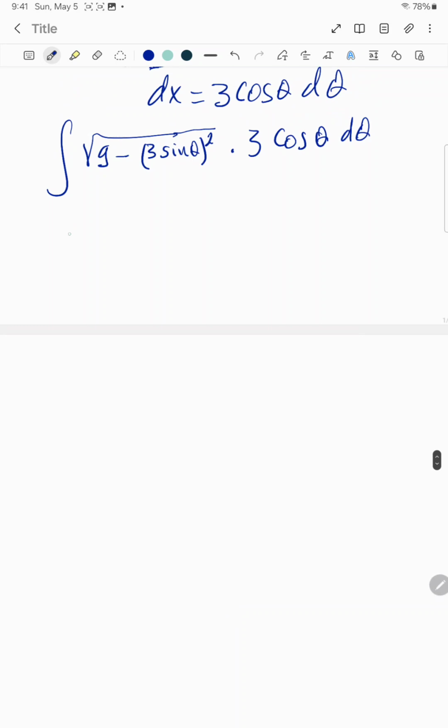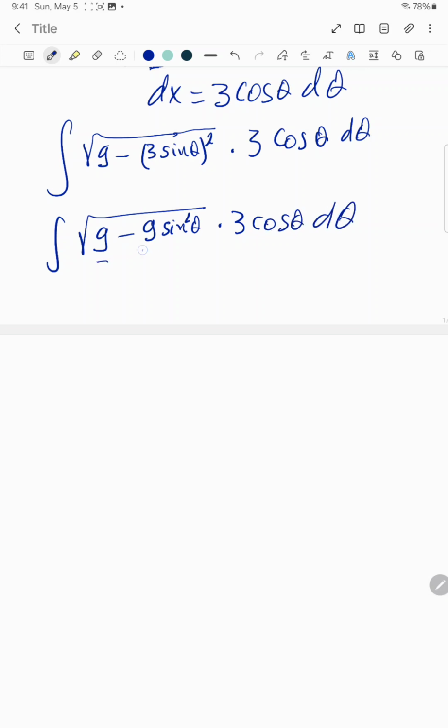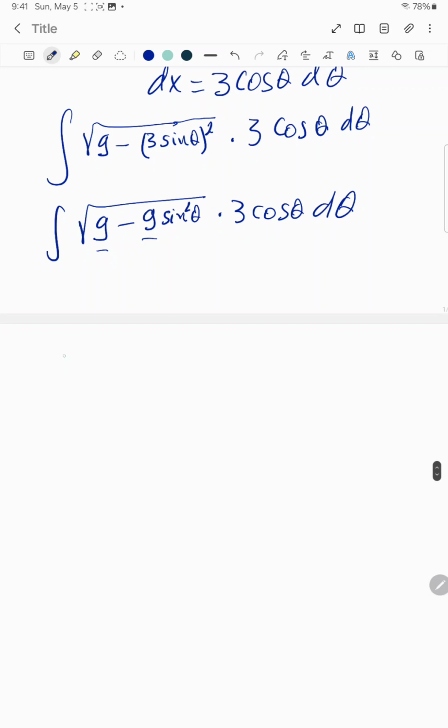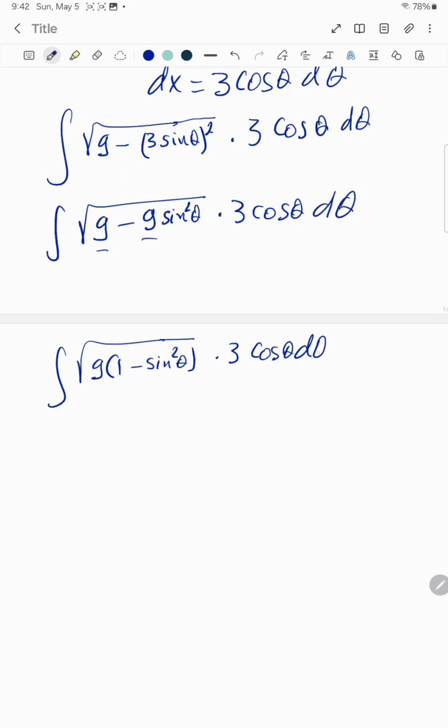So now my integral becomes square root of 9 minus 3 square, which is 9 sine square of theta, times 3 cosine theta d theta. And now I can factor out 9 here. So my integral becomes square root of 9 times 1 minus sine square theta, multiplied by 3 cosine theta d theta.